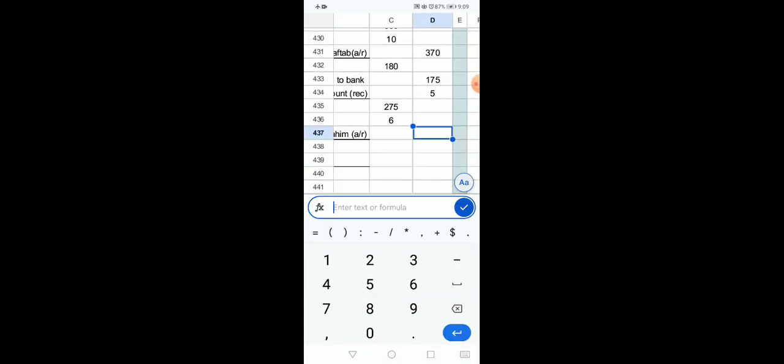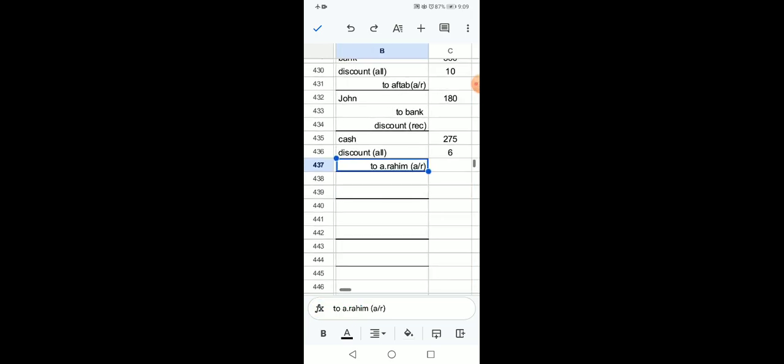So to equalize, you will add all the amounts present on debit side. 275 plus 6, these two amounts were present on debit side. You have added up and written it on Rahim. Though the amount for Rahim was not mentioned in the book, indirectly you have calculated it by summing up all the amounts present on debit side. This way both sides are equalized, which means the entry is completed.